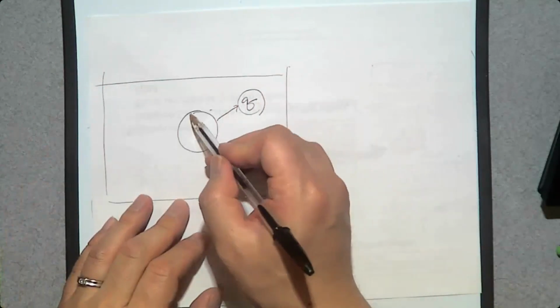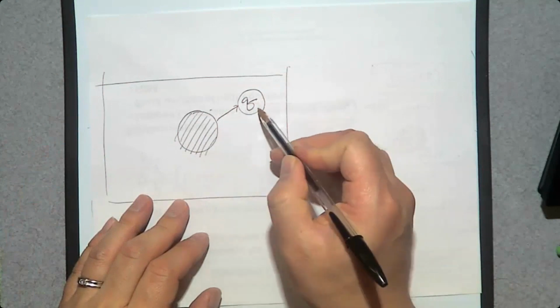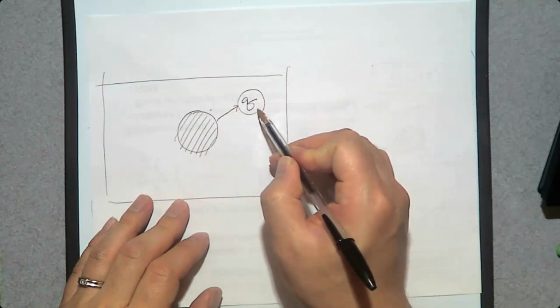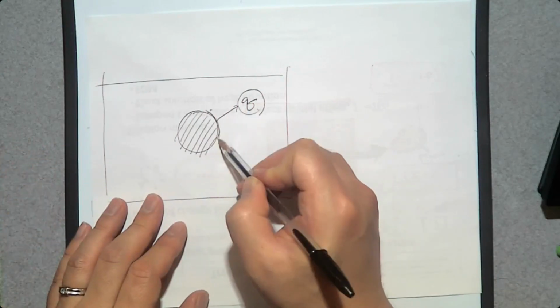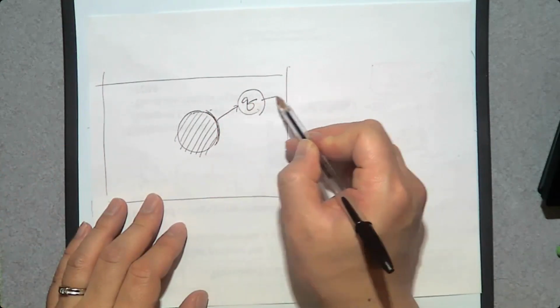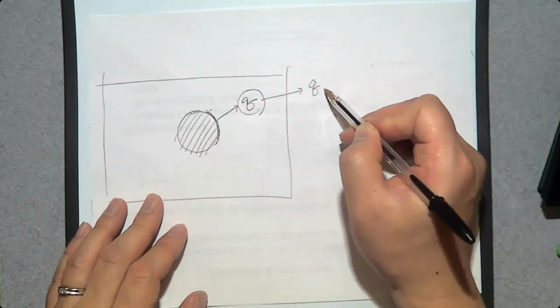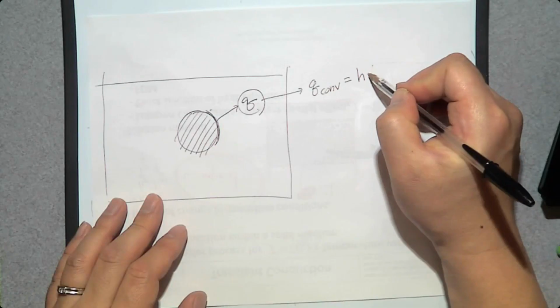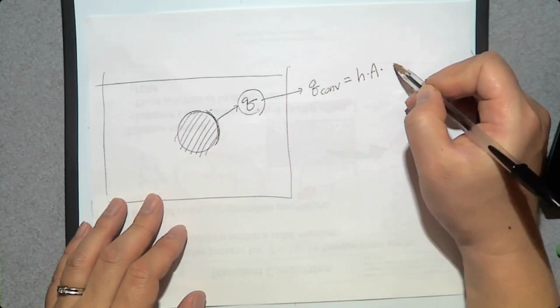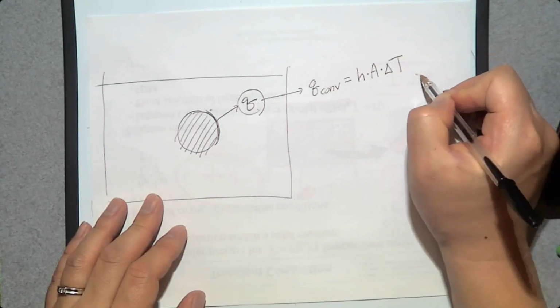From the solid to the surrounding fluid. Is it conduction, convection, or radiation? It's going to be convection from a surface to a surrounding fluid. So how can we determine convection heat transfer? h times area times temperature difference.